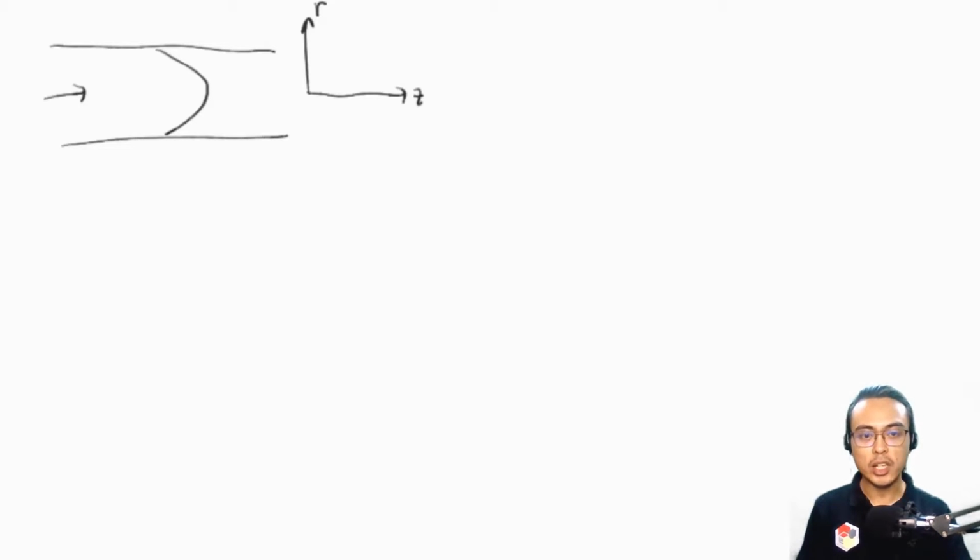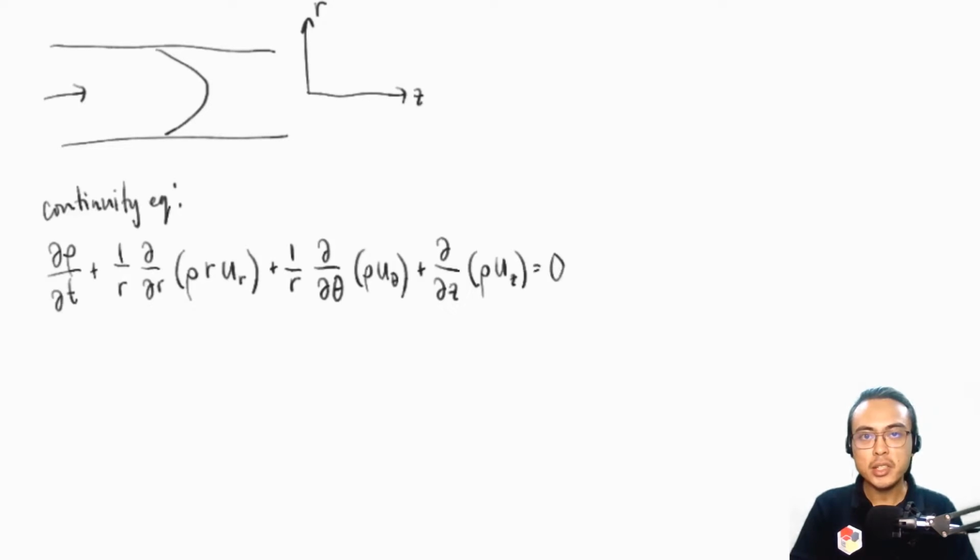Okay? With this, let's start with the continuity equation. We always start with the continuity equation. This is our continuity equation in cylindrical coordinates. For us to be able to simplify this, we have to list down all of our assumptions for this flow. One of the most basic assumptions that we can make is, first, the flow is steady state.